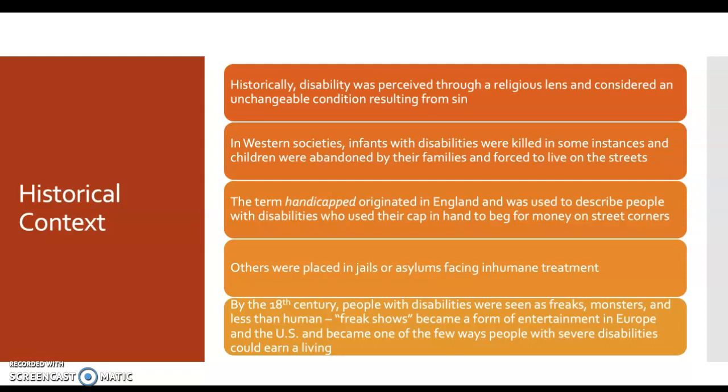By the 18th century, people with disabilities were seen as freaks, monsters, and less than human. Freak shows became a form of entertainment in Europe and in the U.S. and became one of the few ways people with severe disabilities could even earn a living.